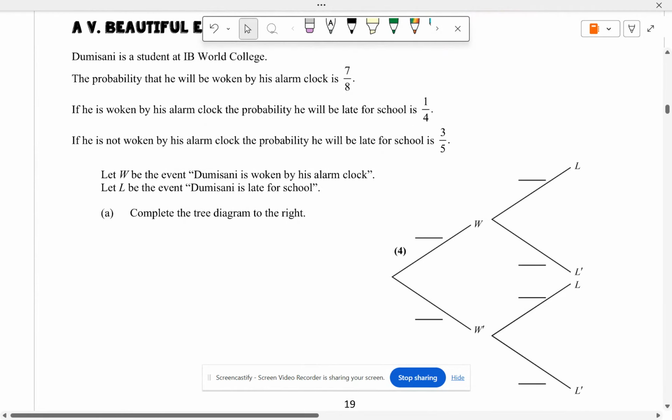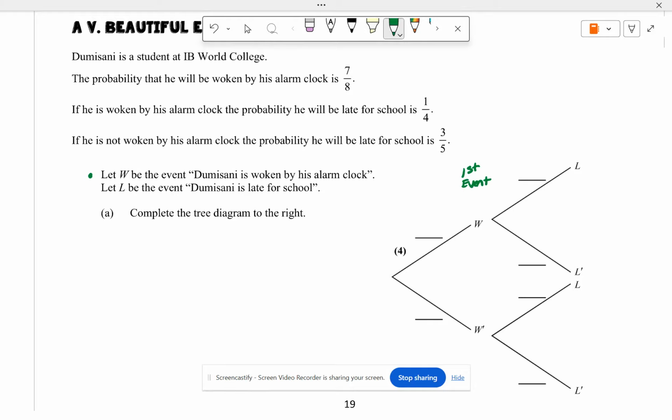It says, Dumisani is a student at IB World College. The probability that he will be woken up by his alarm clock is 7/8. I'm just going to jump down here really quick because it helps to fill out the diagram as we go through. W is the event that Dumisani is woken up by his alarm clock. So let's go to the tree, and it looks like that is the event that's happening first.